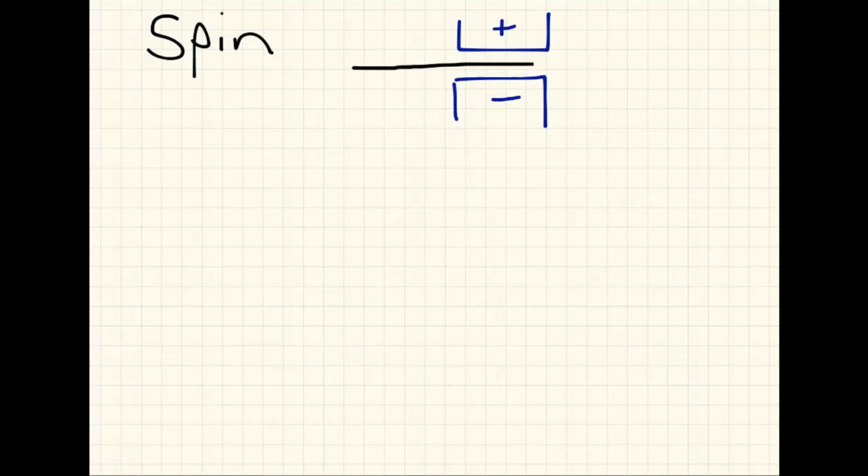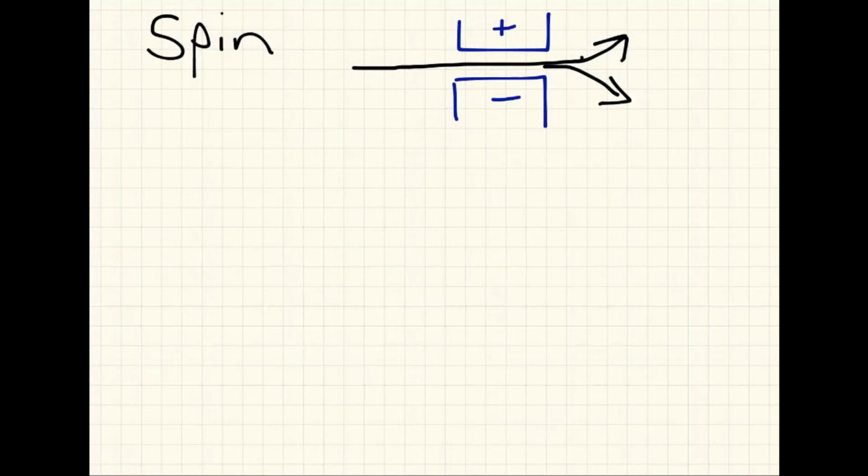We know this because if we were to take an electron and design some sort of system where we've got a channel between two magnets, suppose a magnet on the top and a magnet at the bottom with opposite poles, and fire our electron through the channel, we would find that if we fired, say, 1 billion electrons through this channel, 50% of them would be drawn upward toward one of the poles, and the other 50% would be drawn downward.